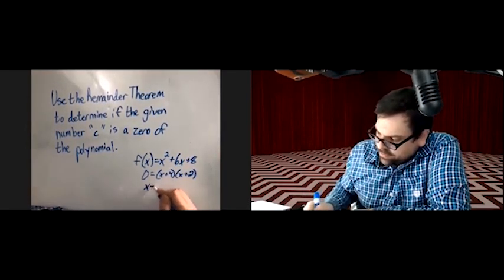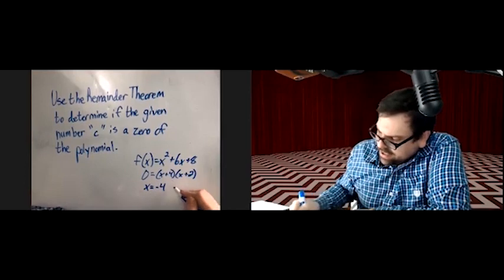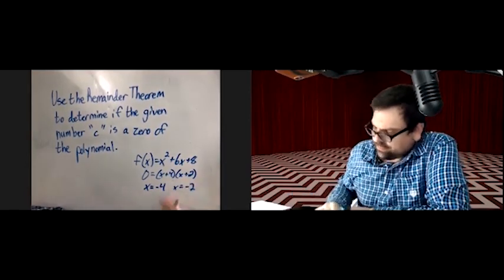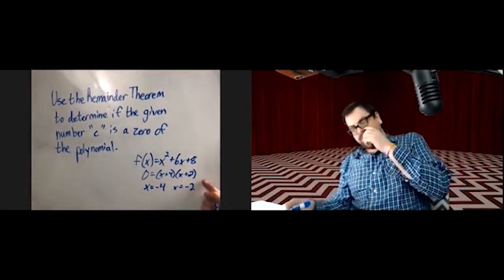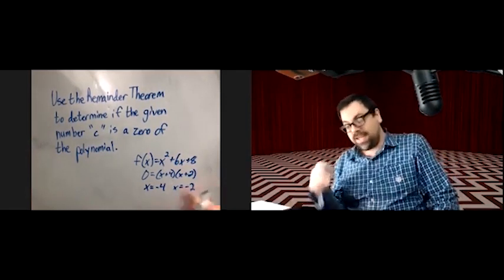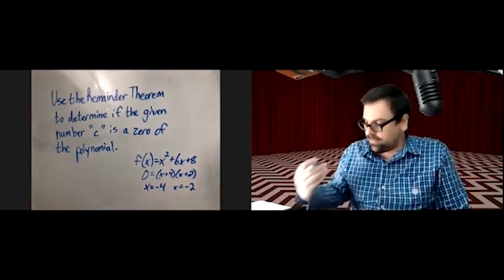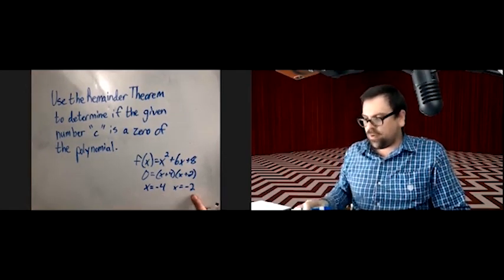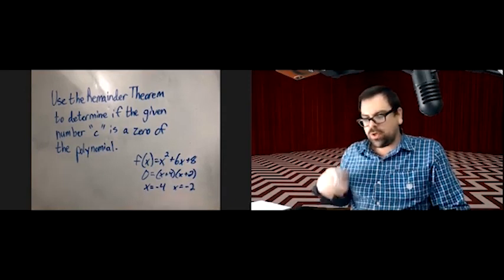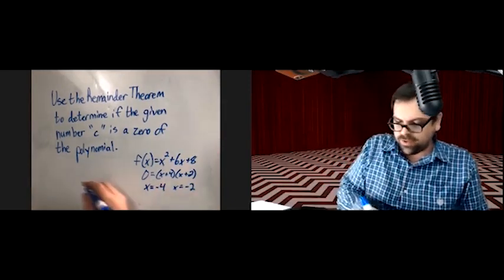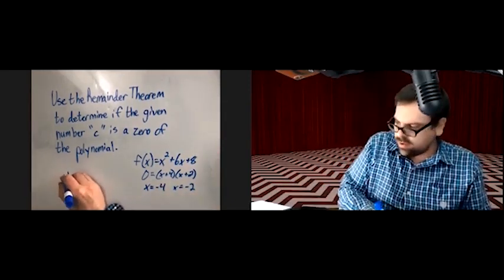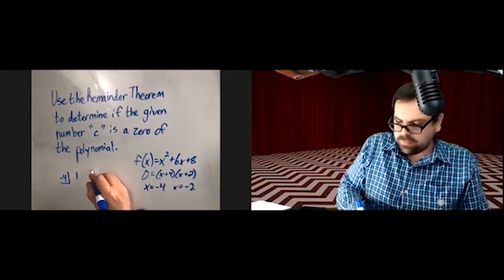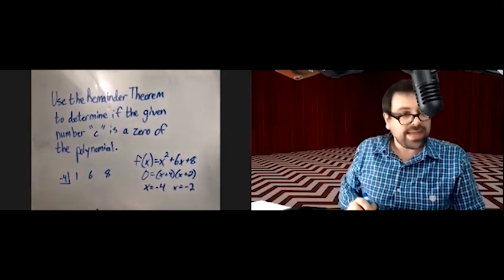The zeros here would be x equals -4 and x equals -2. The zeros are things that we get when we set the function equal to 0 and solved for x. So -4 and -2 would be zeros of the polynomial x squared plus 6x plus 8.